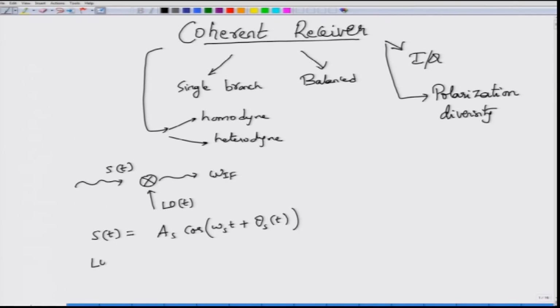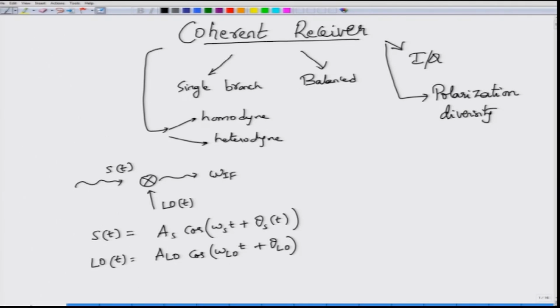Assume the local oscillator signal has an amplitude of A_LO and a local oscillator frequency omega_LO plus some usually constant phase offset, theta_LO.